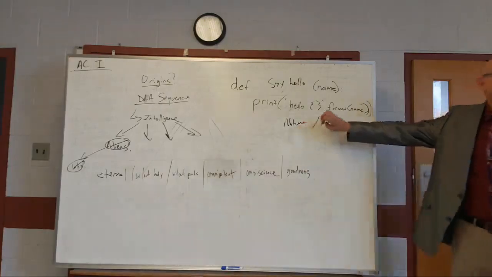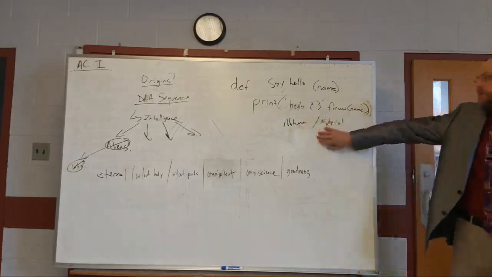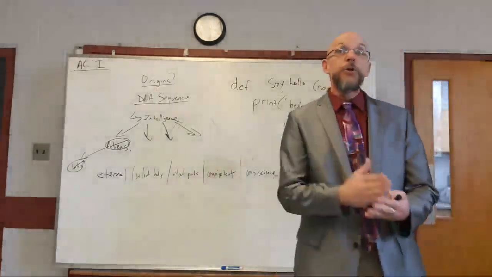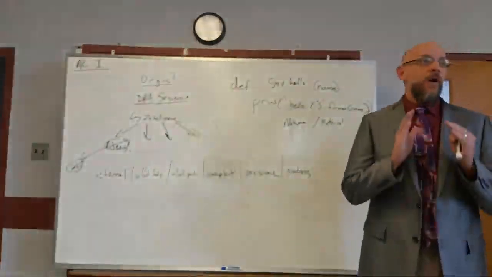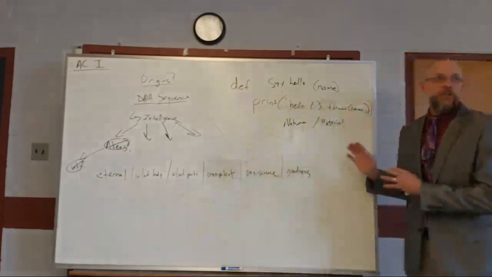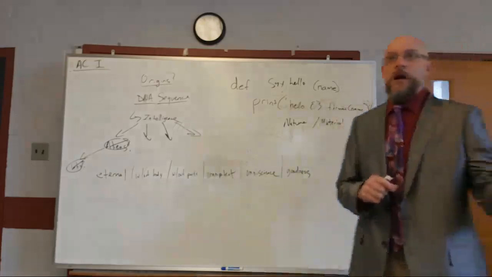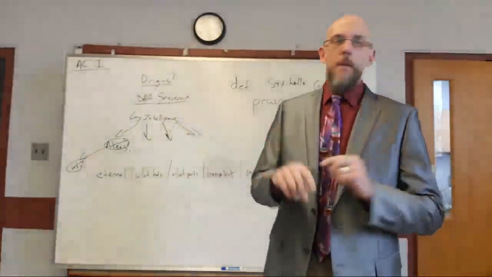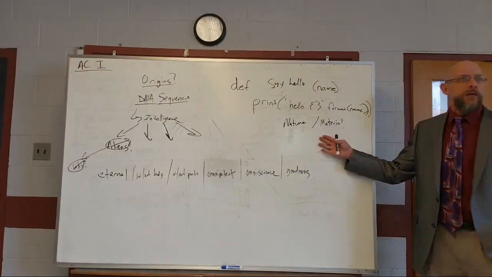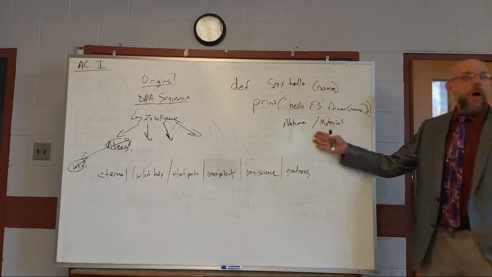But here's what my atheist friends are trying to explain everything by: nature and material. How could the universe, how could life come about purely through nature and material? Now, what Mr. Pullman is talking about is, why would we a priori go with this route? In other words, why would you start here?